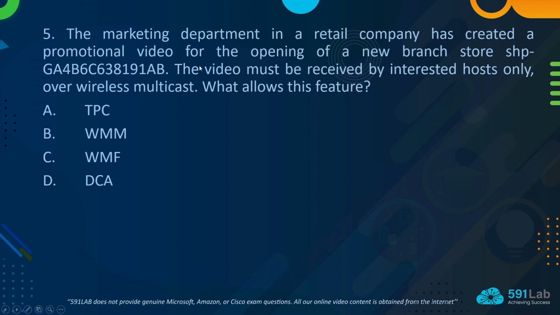Basically they have a video, and we see it a lot in malls and retail shops, where they have one single video that is broadcast to every single TV that they have in the store. So instead of sending the video by using unicast one by one to every TV, we use multicast to send it to all interested hosts only.